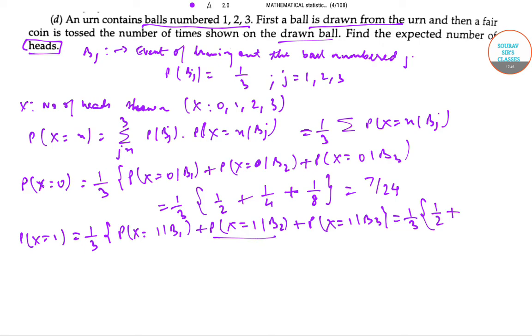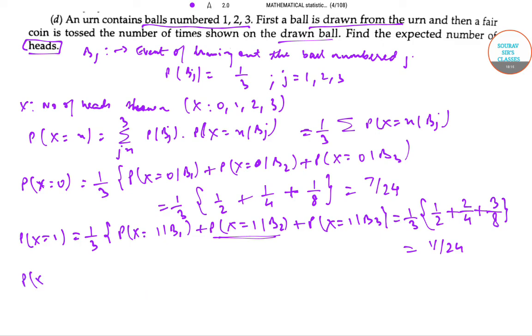Ball 2 was drawn, so you toss the coin twice, and the probability of getting 1 head is 2 by 4. Given you toss the coin 3 times and you get only 1 head, it is 3 by 8. So this comes out to be 11 by 24.